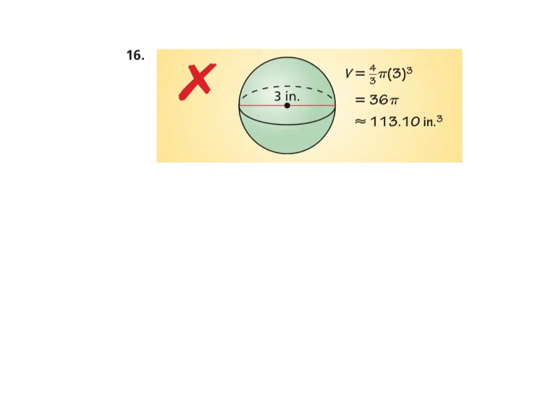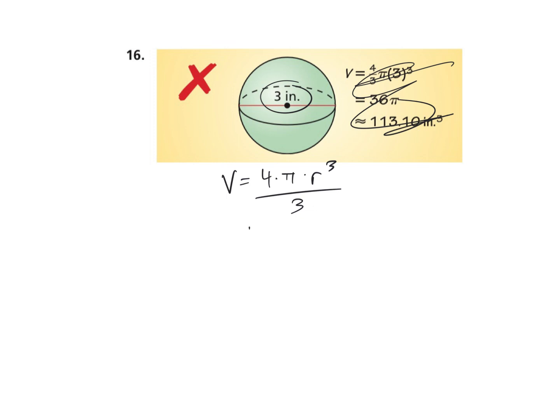Alright, so again, don't look at what they did. Just go ahead and solve it. Volume is 4 times pi times radius cubed over 3. So the diameter is 3, so the radius is 1.5. So we got to cube 1.5 first.